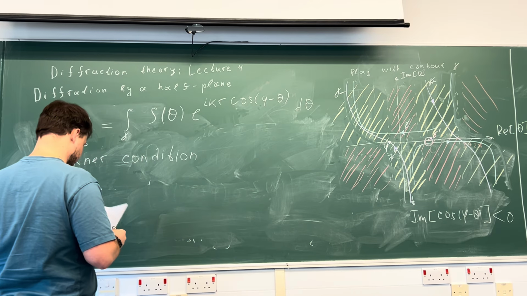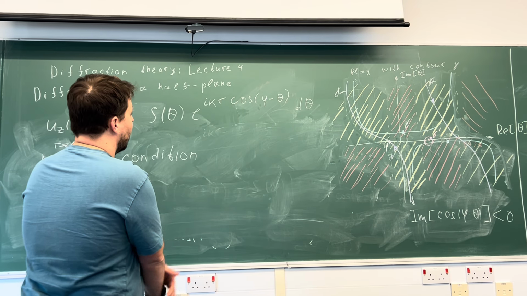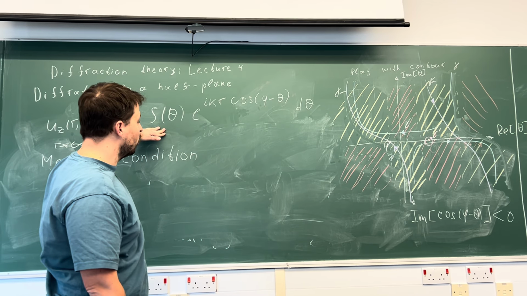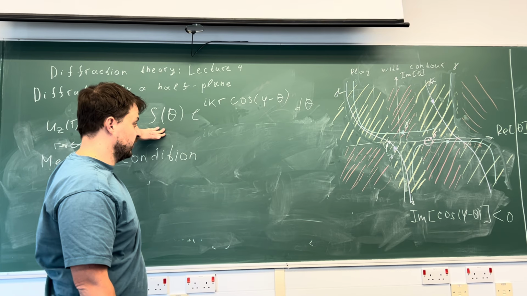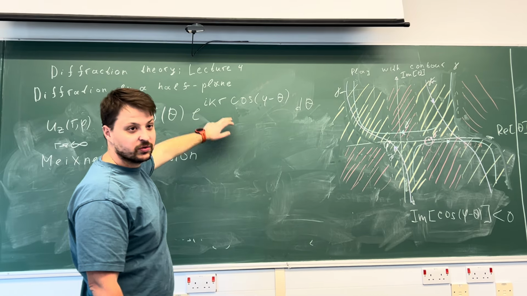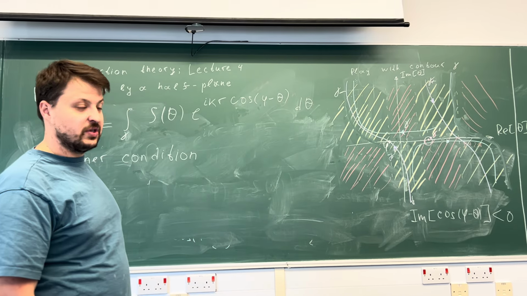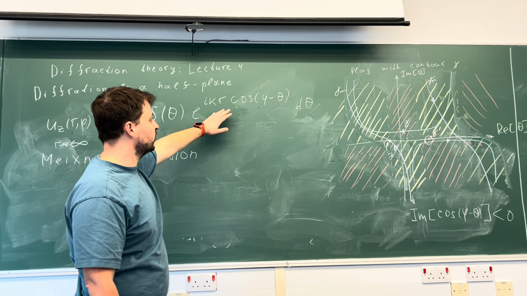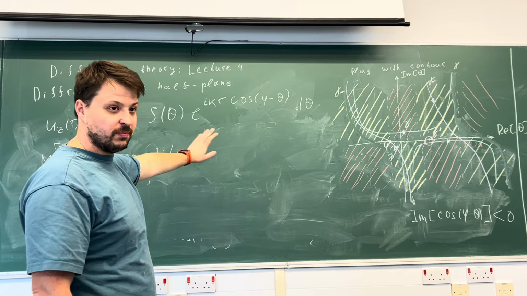And this is a tricky one. But the thing that Sommerfeld shows is that this integral is convergent for r equal to 0. Because when it's equal to 0, we don't have an exponential term, and that is a question.